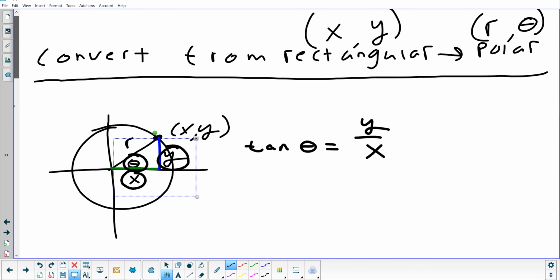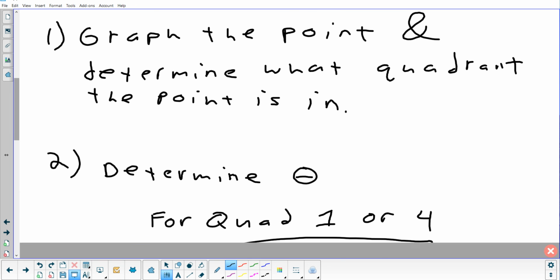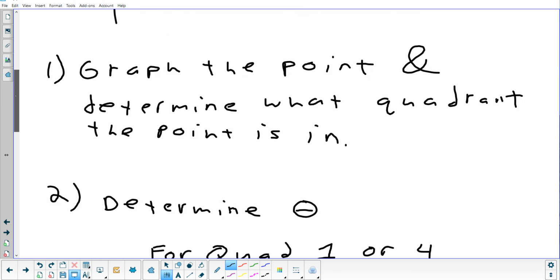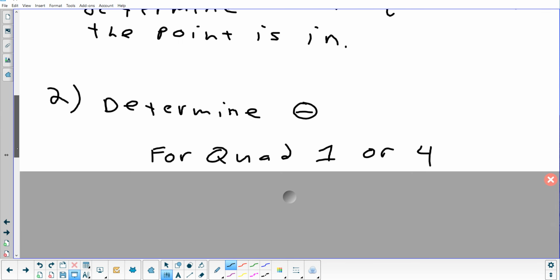Alright, so to convert from rectangular to polar, step one is figure out the quadrant you're in. And you might say, well, why does the quadrant matter? It does kind of matter, and I'm going to show you. If you graph it and you end up in quadrants 1 or 4, you can use inverse tangent of y over x. That formula works perfectly fine.